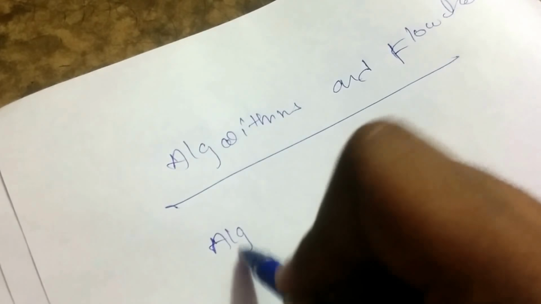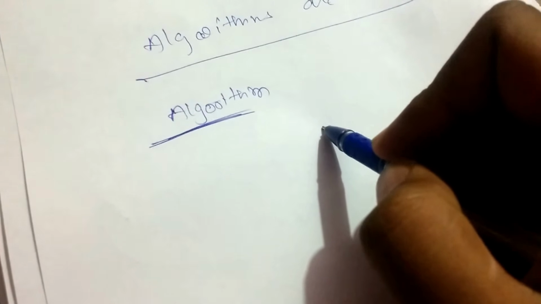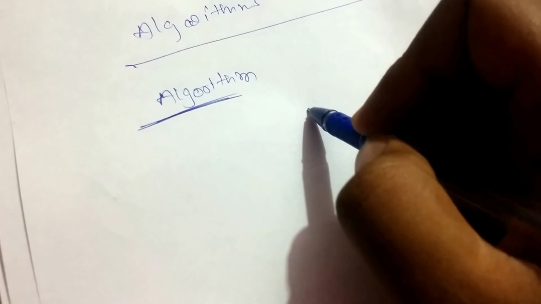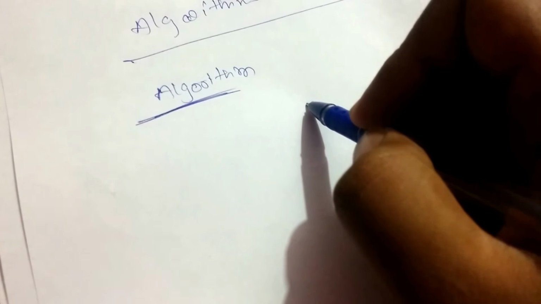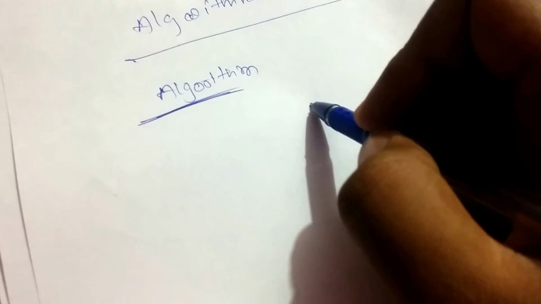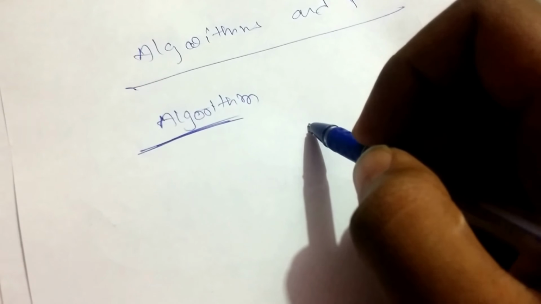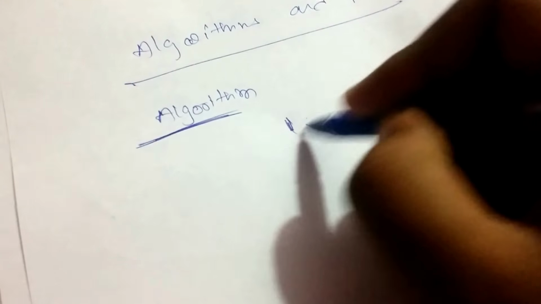Algorithms and flowcharts. What does an algorithm mean? An algorithm is a step-by-step process of defining a problem. Let's suppose we take a particular task like going to buy groceries. So what is the requirement?